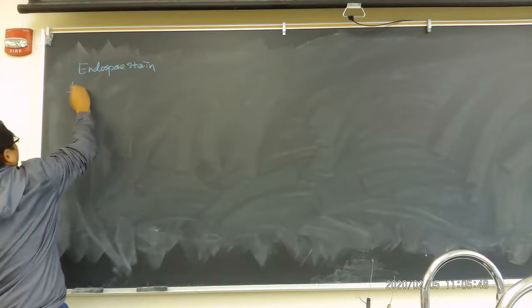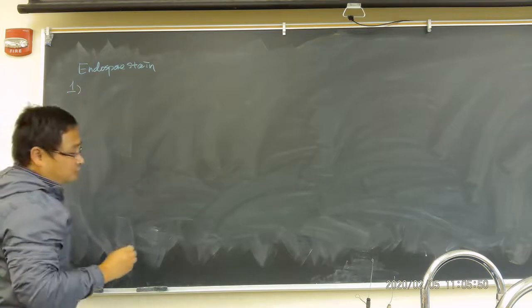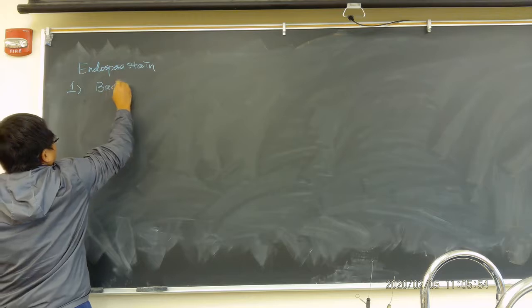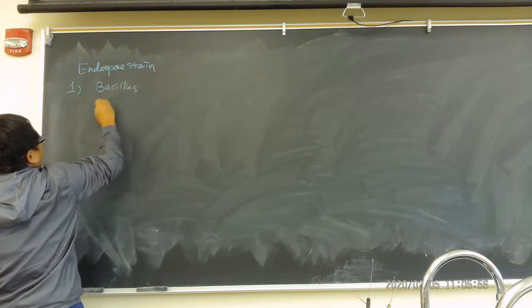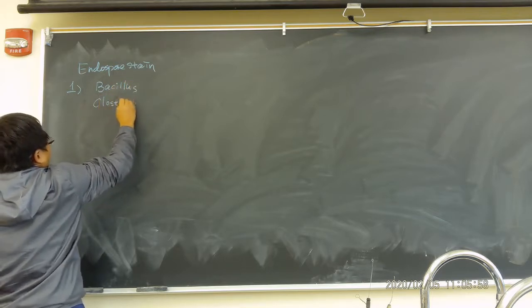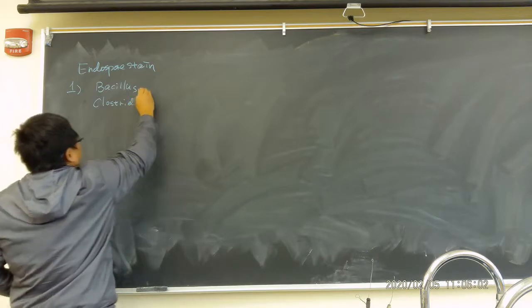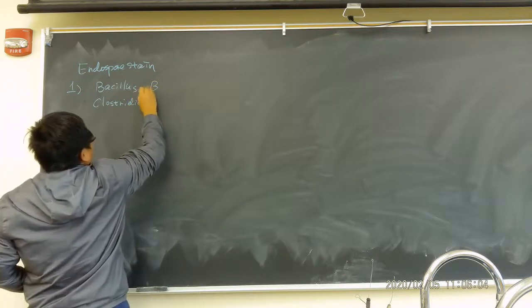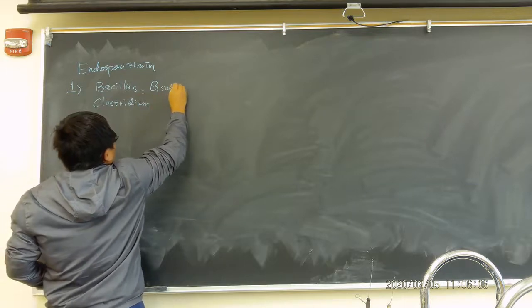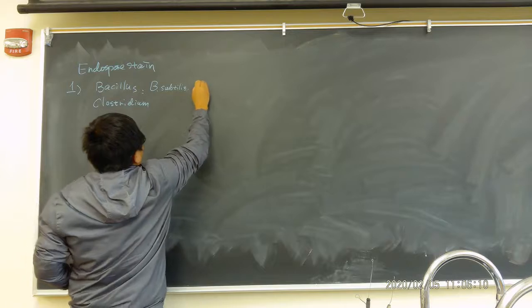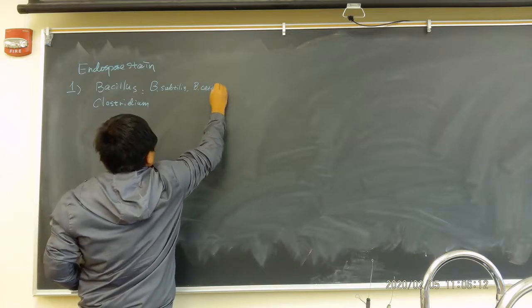First of all, you need to know there are two genera of bacteria that have endospores, which are Bacillus and Clostridium. With Bacillus, we basically talk about Bacillus subtilis and Bacillus cereus.